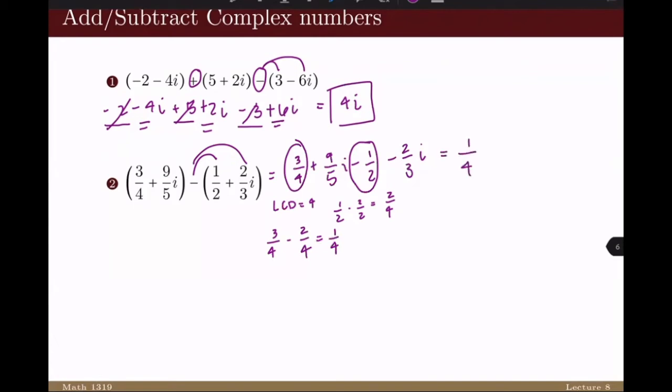All right, next let's do the imaginary bits. So I want to add 9/5 and negative 2/3. So we want to find the least common denominator for 9/5 and negative 2/3. Well, that's just going to be 5 times 3, which is 15. So then I'll convert my fractions.